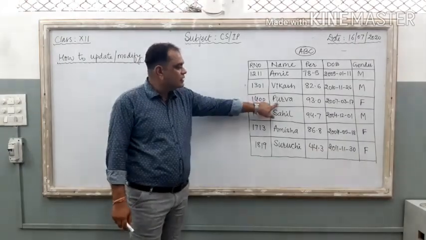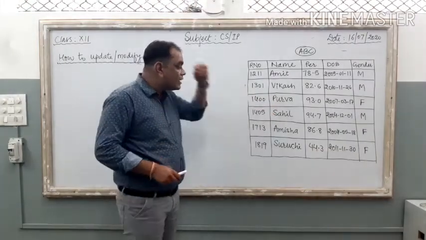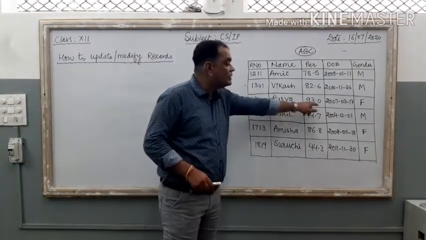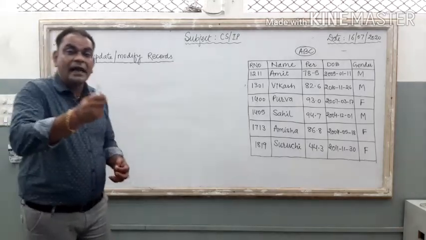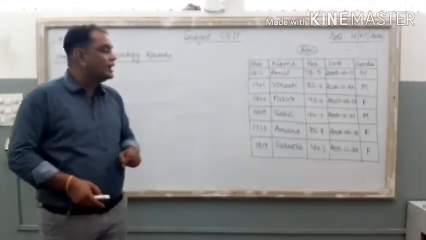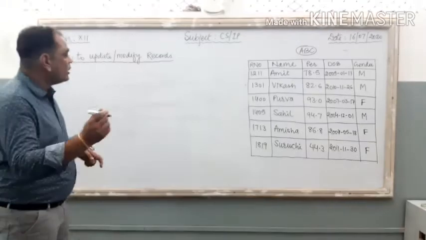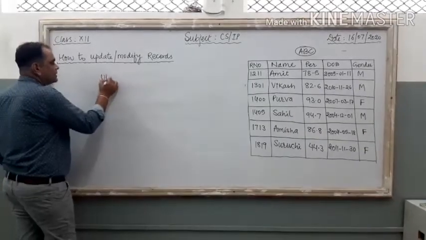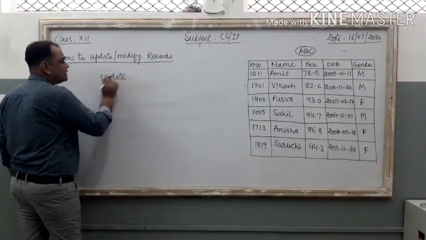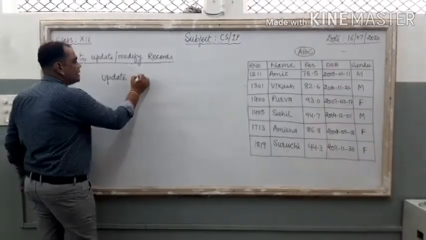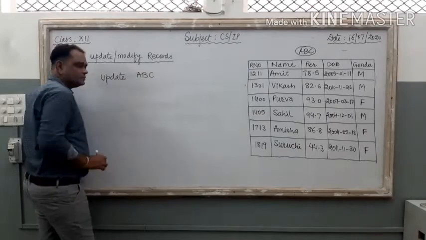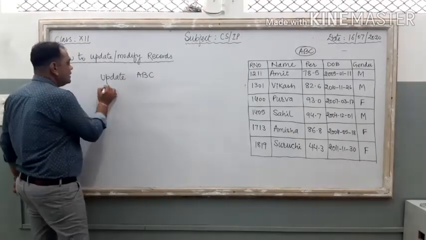The third record is related with Purva and right now the percentage is 93.0. I want to update the percentage as 95.0 instead of 93.0. So what will be the command? The command is update. Just after update you have to write the table name. Table name is ABC. So update ABC. In the next line, set.